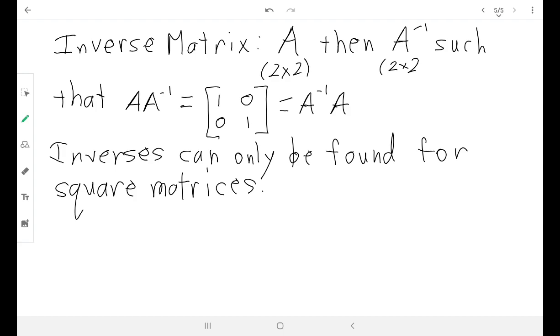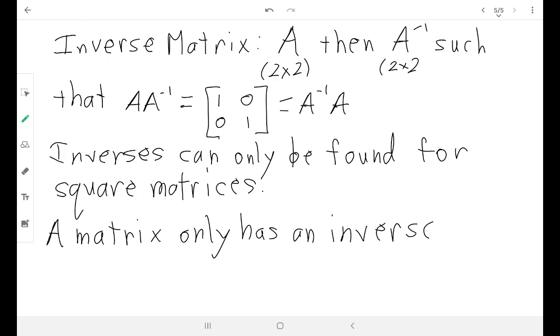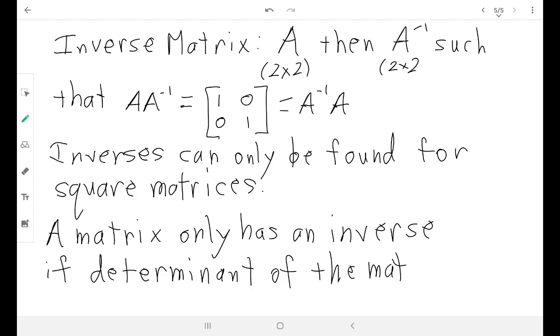It also turns out that a matrix only has an inverse if the determinant of the matrix is not 0.